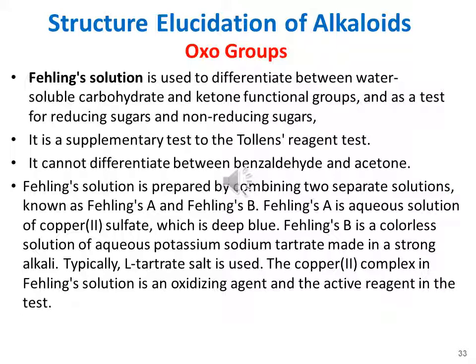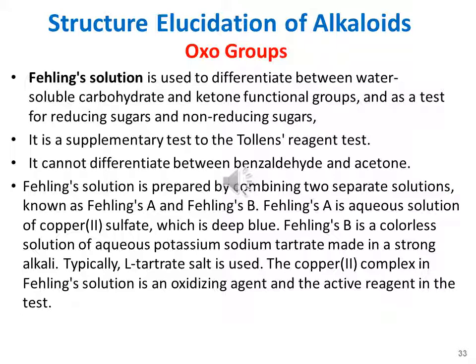Typically the levorotatory tartrate salts are used. The copper(II) complex in Fehling's solution is an oxidizing agent and the active reagent in the test. The deep blue active ingredient in the Fehling's solution is the base tartrate complex of copper(II). The tartrate tetraanions serve as bidentate alkoxide ligands.